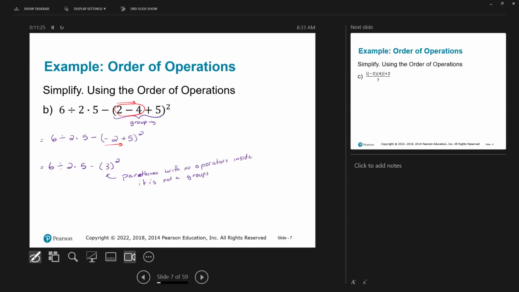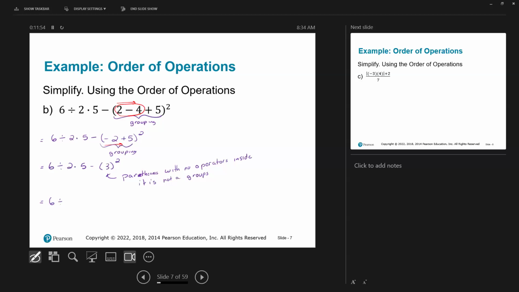This is a grouping. This is a grouping. But this is not a grouping. The parentheses are just there to kind of hold that number to the side. So sometimes you just keep them just to say, hey, this is what this boiled down to. Partly because we got this negative out here, and we want to make sure that what we square is the 3, not the -3. So we are squaring what came out of the parentheses, which is the +3.